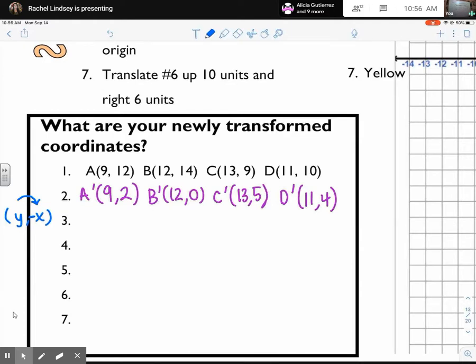So I'm going to switch them and change the sign of the X. Switch them, change the sign of the 9. So A prime is at 2, negative 9. B prime is at 0, negative 12. C prime is at 5, negative 13. And D prime is at 4, negative 11.